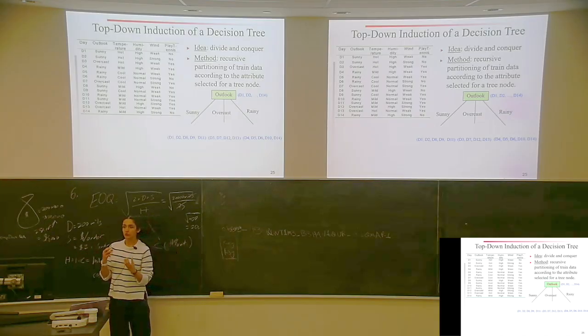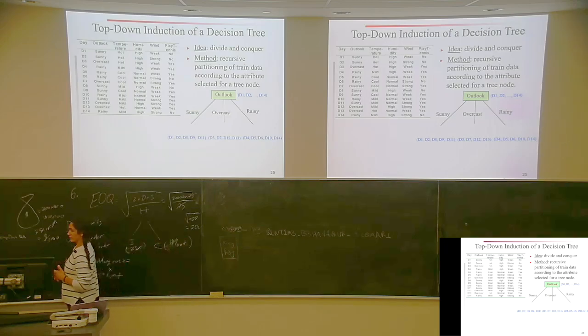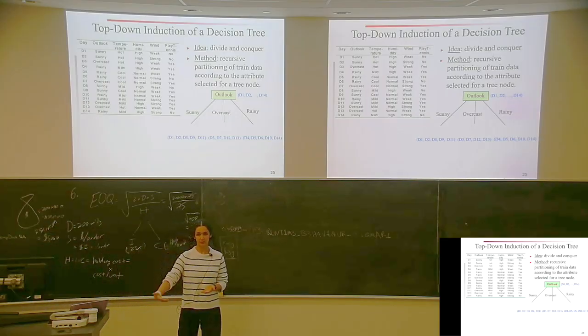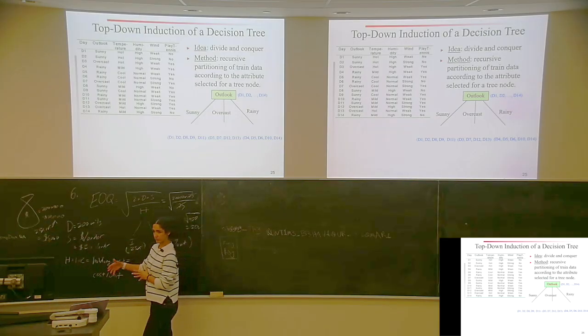That is when you don't have any instances. So that is your third condition to stop. But if that's not the case, you continue splitting, and that's the recursive process.